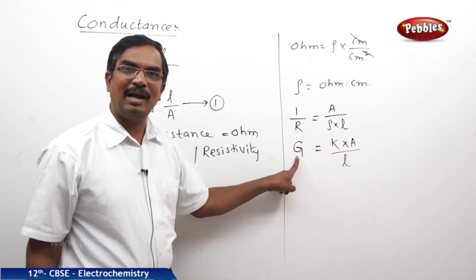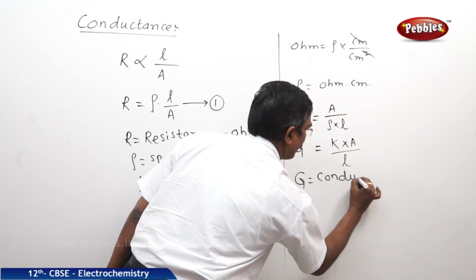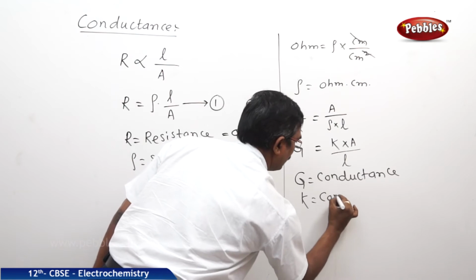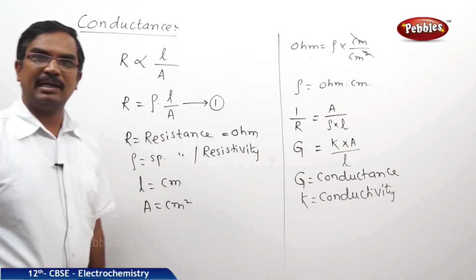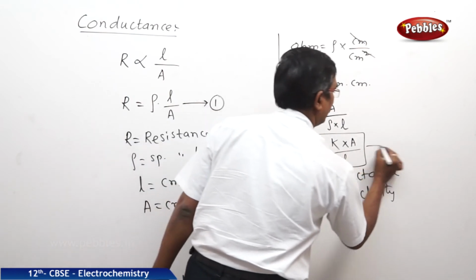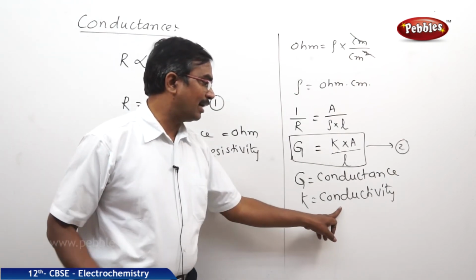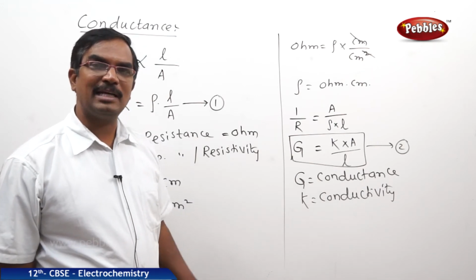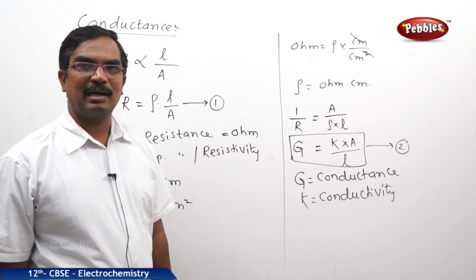G is the conductance, and K is the conductivity. So from this we can define this particular conductivity. How to define the conductivity? Of course, we can also call this conductivity the specific conductance, but as per IUPAC, we have to use conductivity only, not the specific conductance.